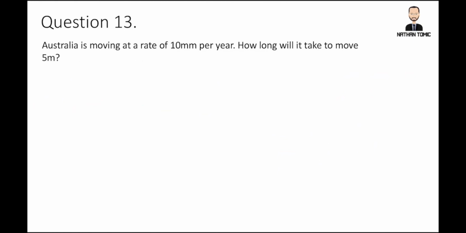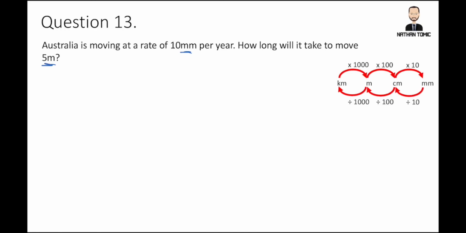So this is very similar to the previous question. As in most of these questions, the most critical part is to convert them into a common measurement format and then work out what the equation is. So again, I'm going to take the 5 metres and turn it into millimetres to match this part of the question. So if I look at my graphic here again, to go from metres to millimetres, I'm going to multiply by 1000.